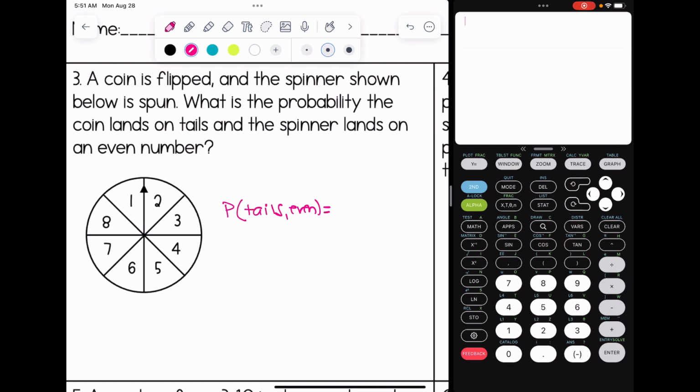So the odds of a coin landing on tails is 1 over 2. In this problem, the odds of the spinner landing on an even number is 4 over 8. But if you want, you could also use the reduced version of that and say, well, half those values are even, so 1/2 times 1/2, and we'll get our compound probability to be 1/4.